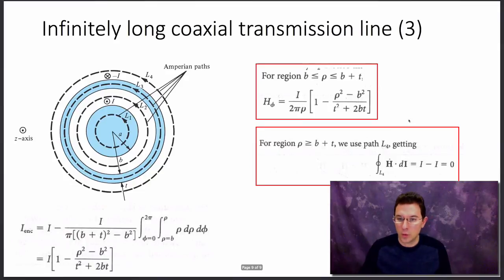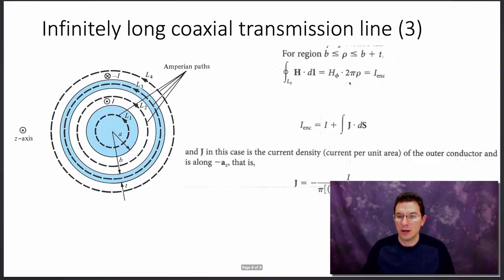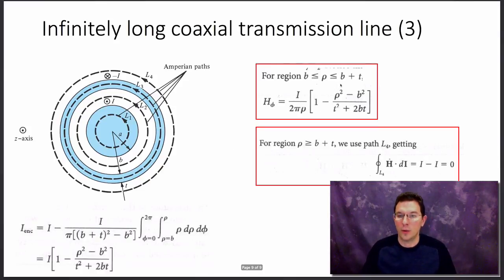That's where this term comes from. When you carry those integrations out, you get that, and once you've set H phi times 2 pi rho equal to that current, you can solve for H phi, and you end up with this expression here. That's what the magnetic field looks like inside this region.